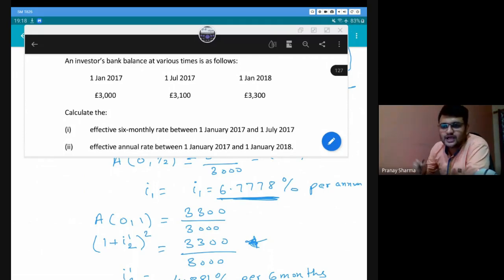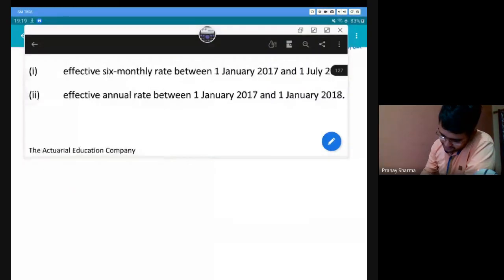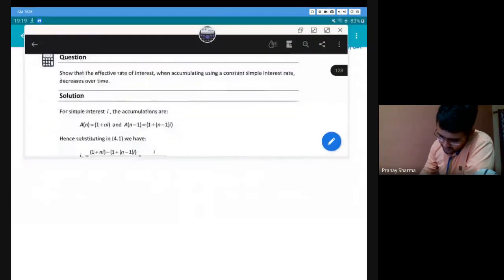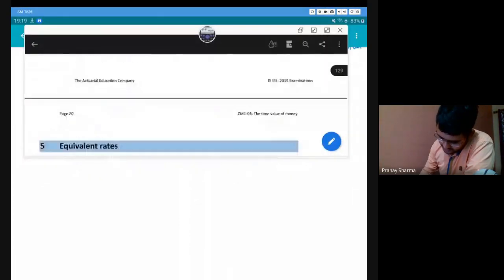Because these are equivalent rates. They will give you the same answer, but that does not mean they will be the same value, because there is compound interest. I will talk about that. That is part of our next chapter.